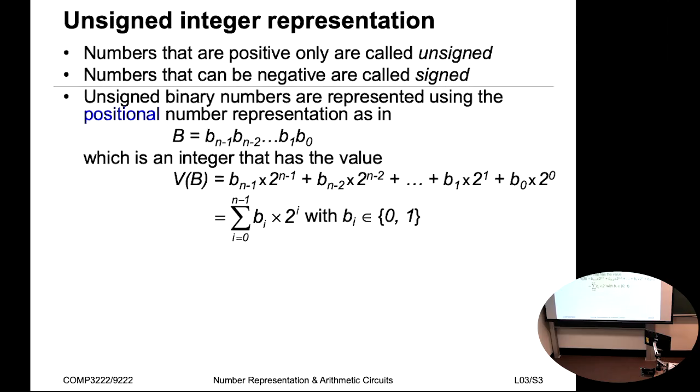An unsigned binary number usually has this sort of bit stream representation, where the least significant bit is over on the right, most significant bit on the left. For an n-bit number, it looks like this. And that, of course, has the value given here in this long and unwieldy expression, where essentially every one of these bits is used to scale the corresponding power of 2, and they're all added together.